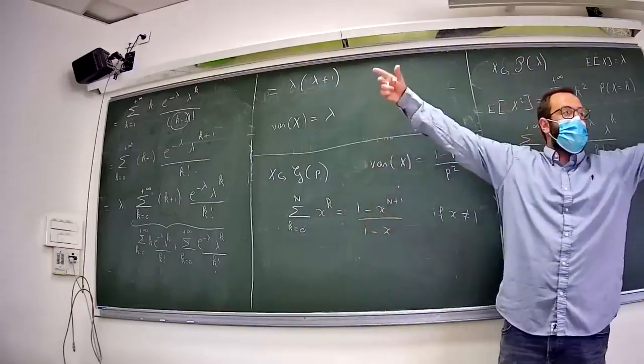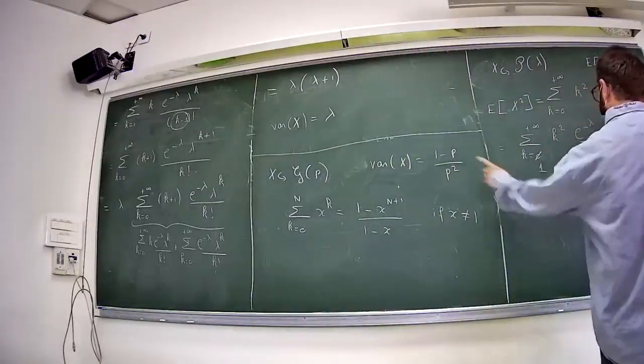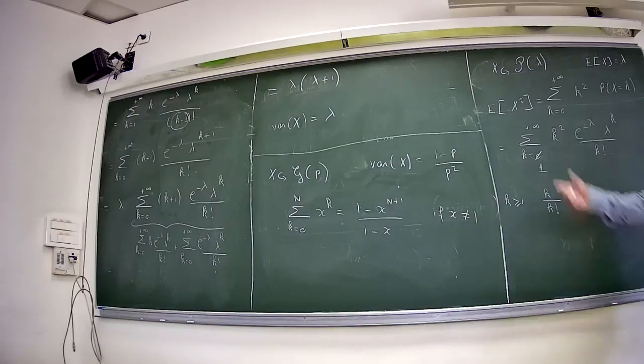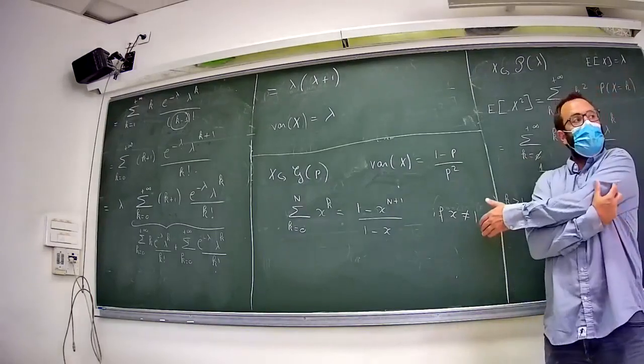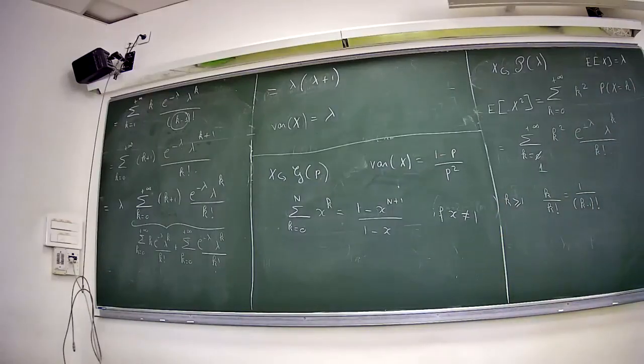You will have a big expression. Then make n go to plus infinity, and you will obtain what you want. So try to do this one at home by yourself. It's just a computation of a derivative that you have to do 2 times. And then have a look at what you have done in the case of the expectation. It's exactly the same thing, computing the second derivative instead of the first.